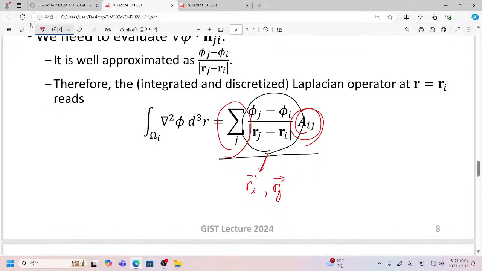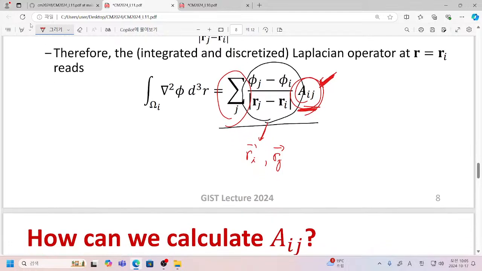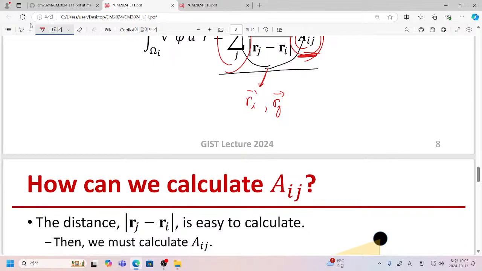The only difficult thing is, once again, the calculation of A sub ij. If we have ri and rj, then what is the area of a normal surface? That is an important one, so you must prepare this quantity before you start the calculation.